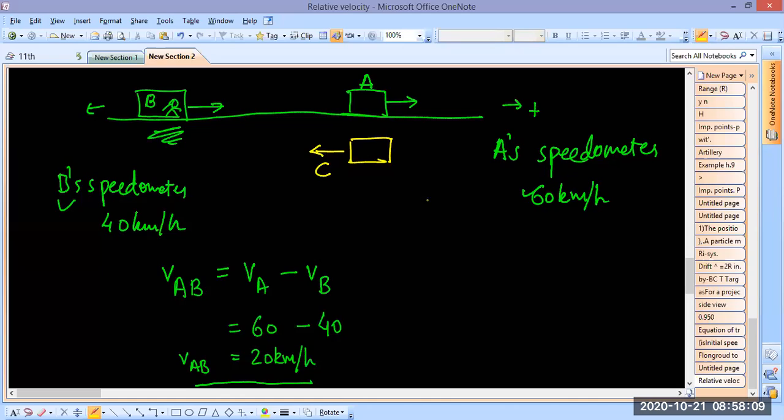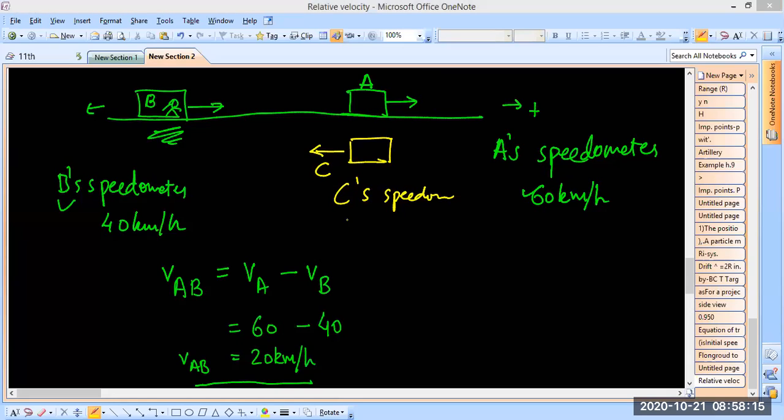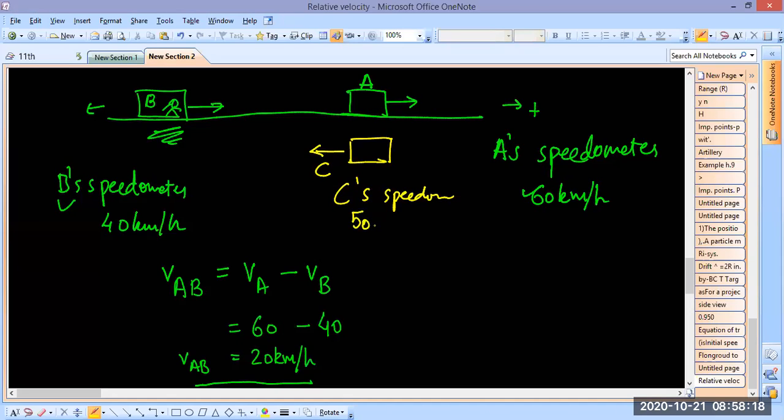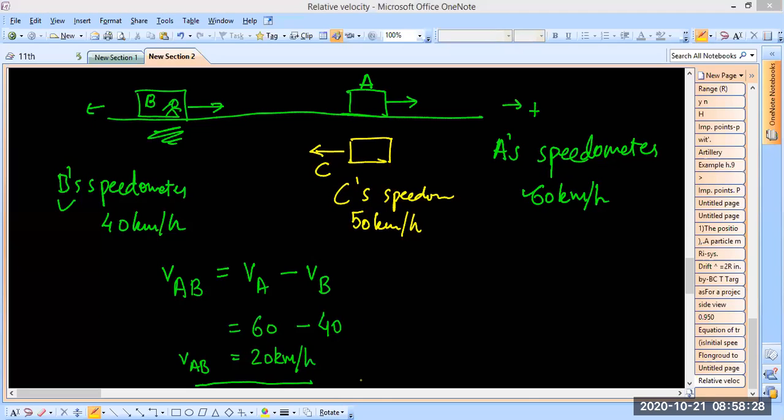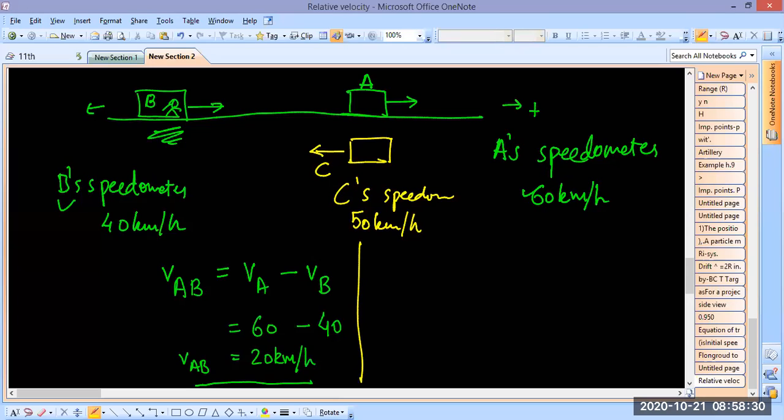Suppose there was a vehicle C that was moving like this, and C's speedometer was showing 50 kilometer per hour. No, that is wrong. Again, these are velocities, everyone.